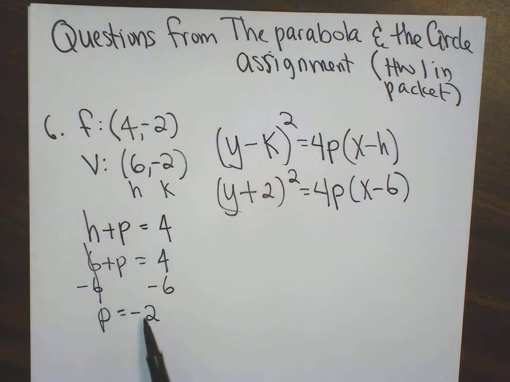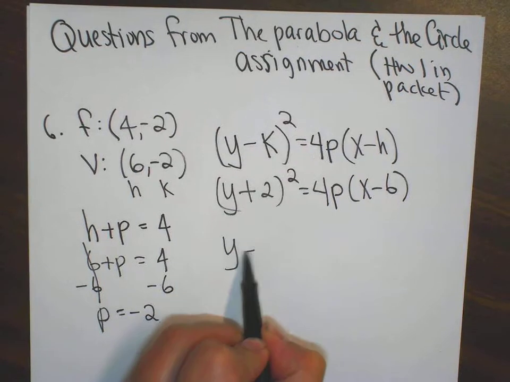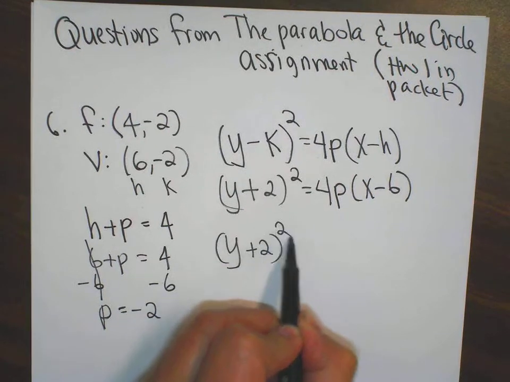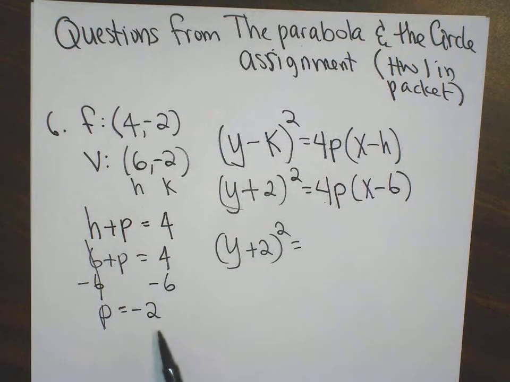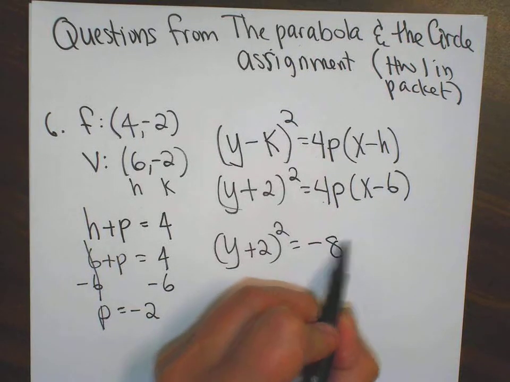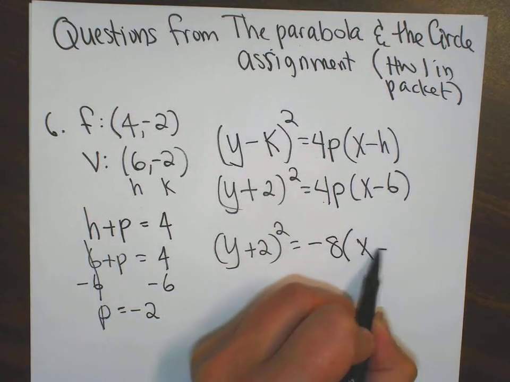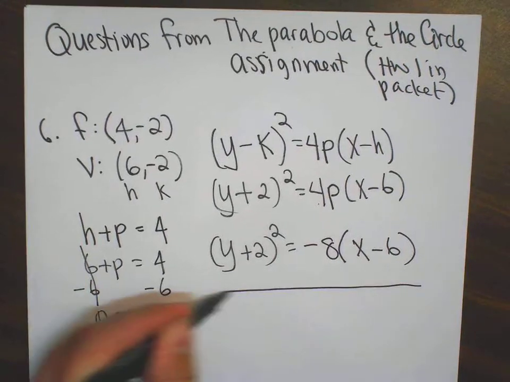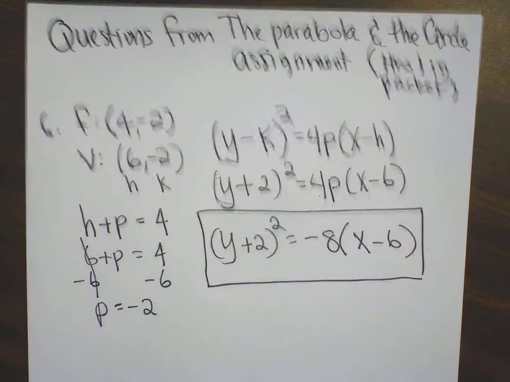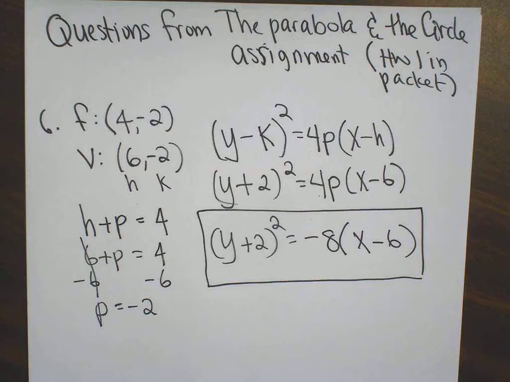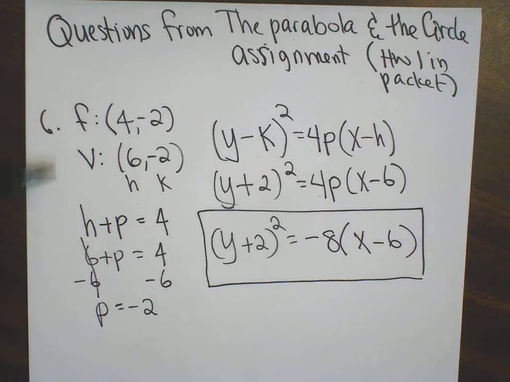So if I plug this in, I get y plus 2 squared equals 4 times -2, which is -8, times x minus 6. So we've created the equation of the parabola that has a focus of (4, -2) and a vertex of (6, -2).